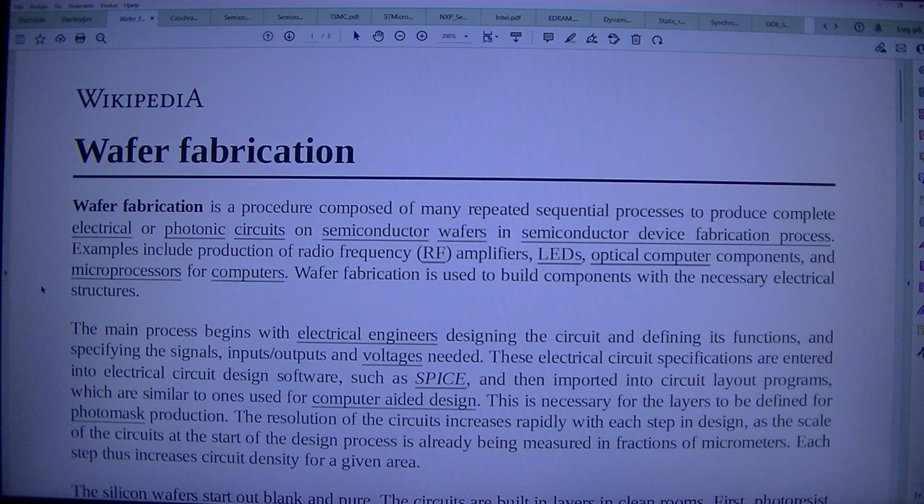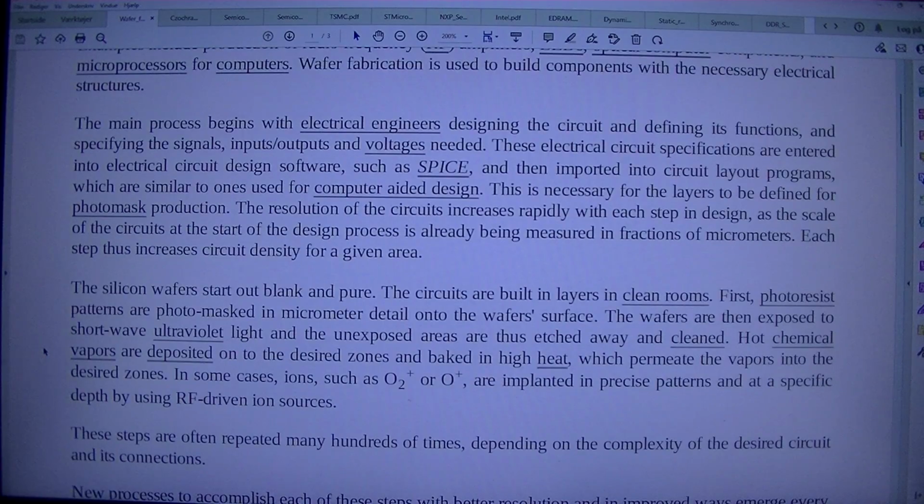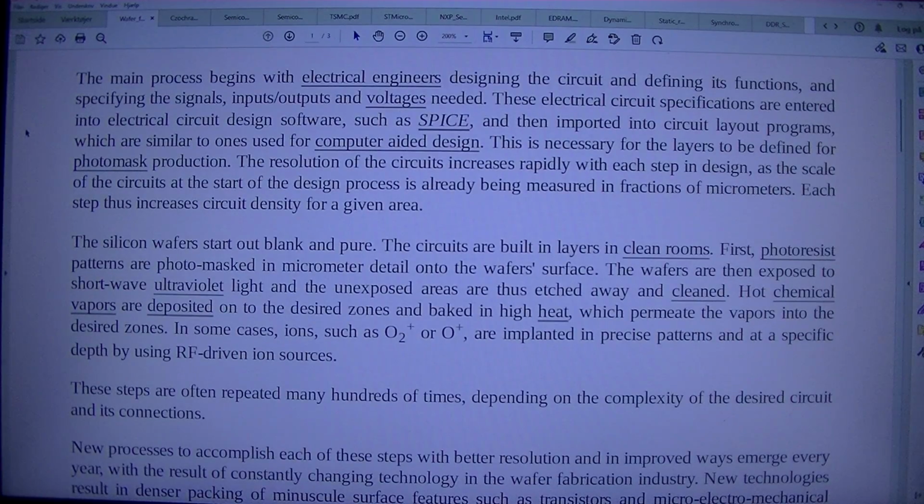The main process begins with electrical engineers designing the circuit and defining its functions, and specifying the signals, inputs/outputs and voltages needed. These electrical circuit specifications are entered into electrical circuit design software, such as SPICE, and then imported into circuit layout programs, which are similar to ones used for computer-aided design.